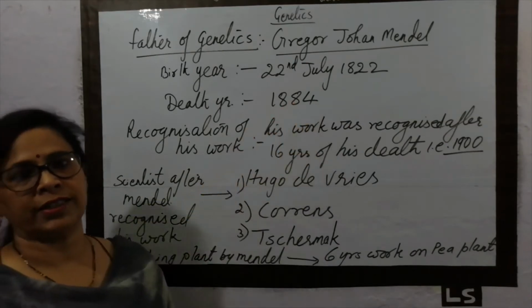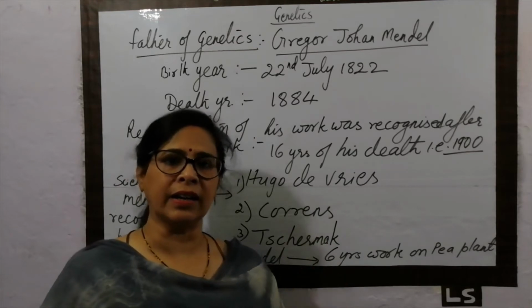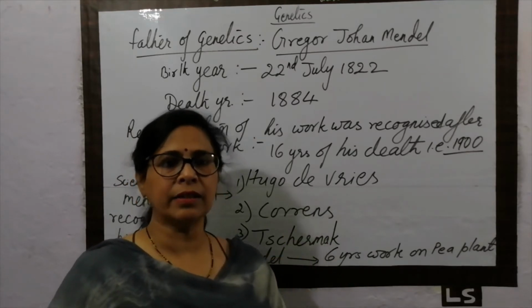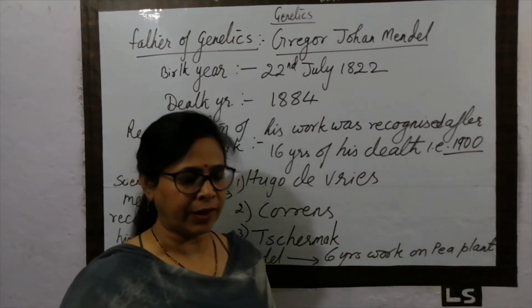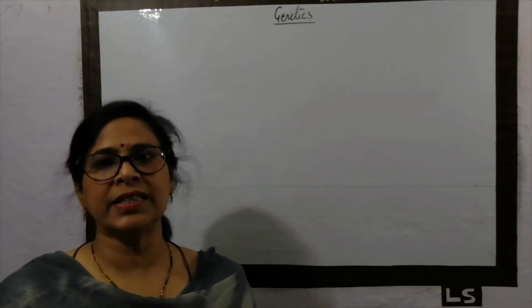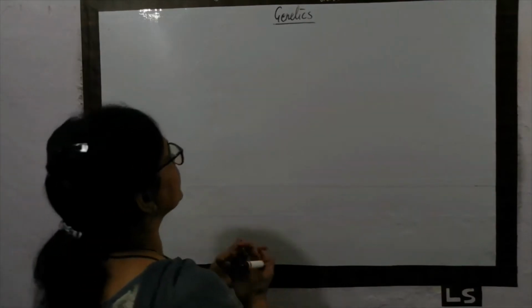The first question is: why was the work of Mendel unrecognized for a long period? Why didn't he get any recognition during his lifetime? What is the reason? The work of Mendel was unrecognized for 16 years.